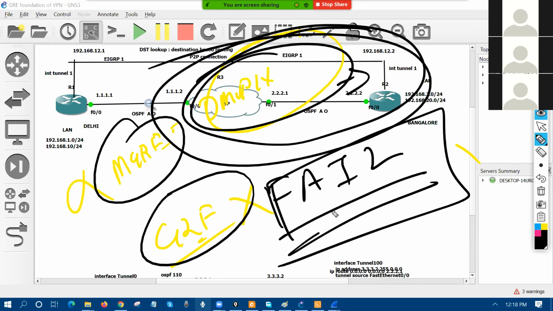Doesn't matter if you have implemented all the IPv6, BGP, OSPF, EIGRP, HSRP, spanning tree, VLAN, everything you have configured, multicast, quality of service, right? But if your DMVPN is not working, you fail. That's the role of DMVPN. DMVPN is most important. All good.